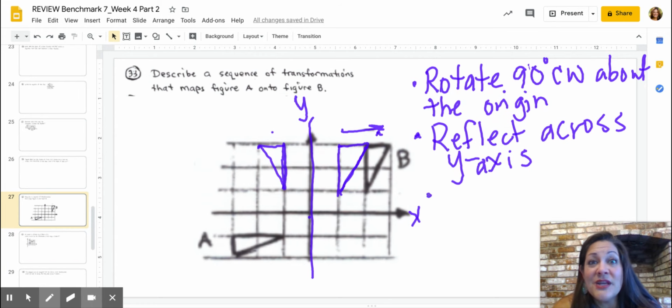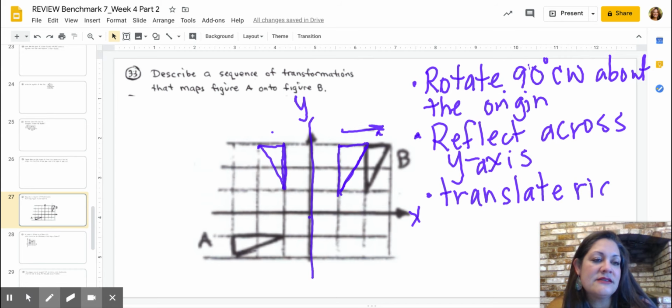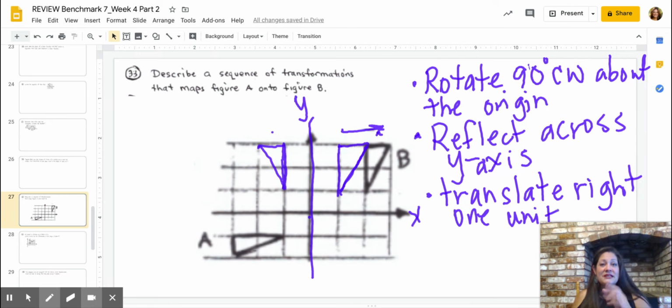Then we translate, and we went to the right 1 unit. Okay, so it took 3 steps in our transformation to get figure A to figure B.